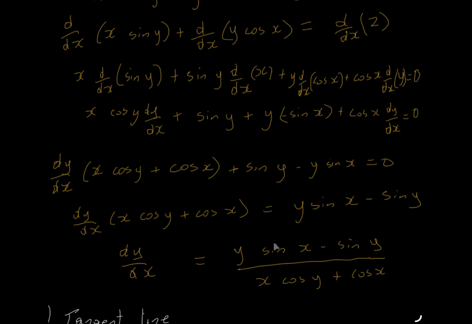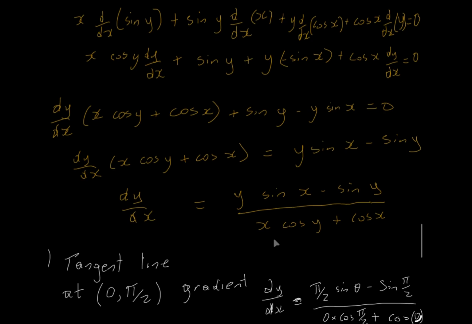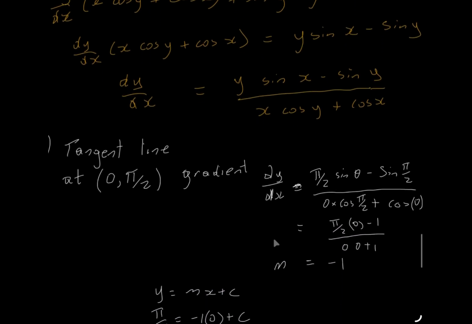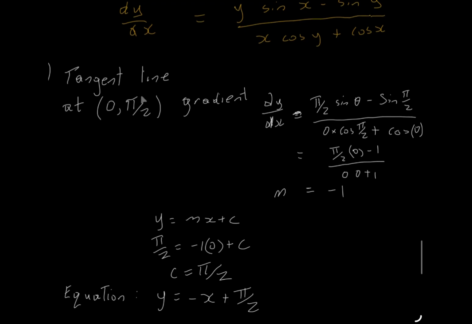So that's your first derivative of the curve. We're trying to find the tangent line in part b, the equation of the tangent line at 0 and pi over 2. So I plug those into the gradient function.